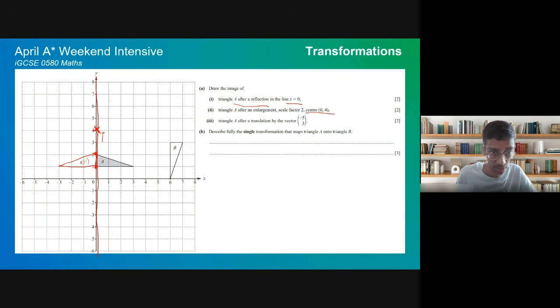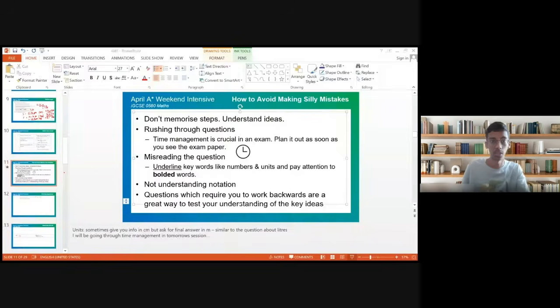And then we note that this is 2 units long, right? So if we were to enlarge this by factor 2, how far away would it need to be from the point of enlargement? How many units for enlarging it with scale factor 2? 4 units would take us all the way here. So that would be the top corner of our triangle.